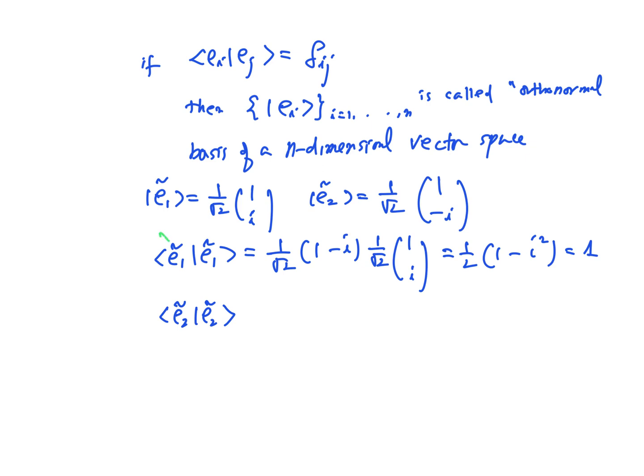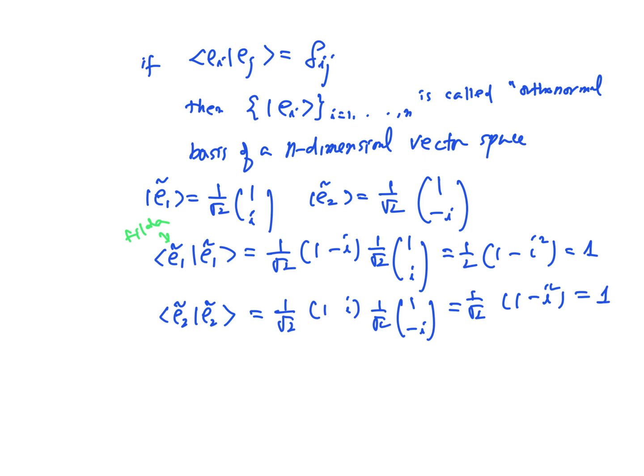It has a name called tilde. E2 tilde is 1 over square root of 2 times (1, minus I), and its norm squared is again 1, right?